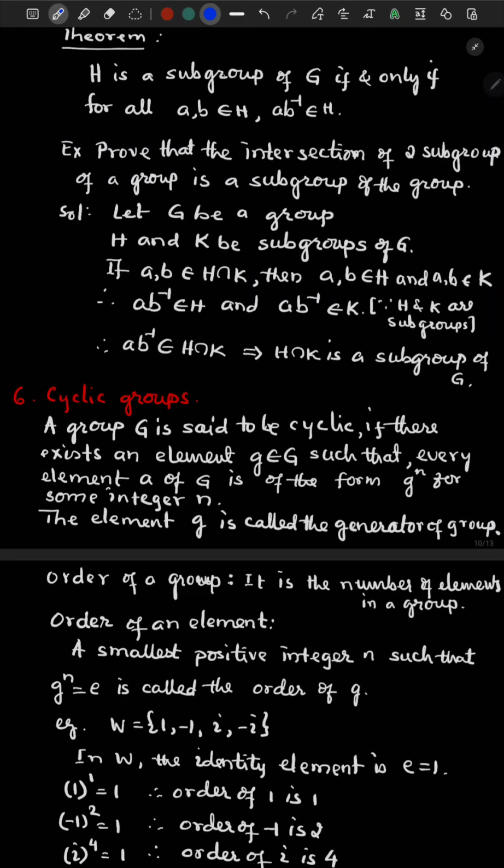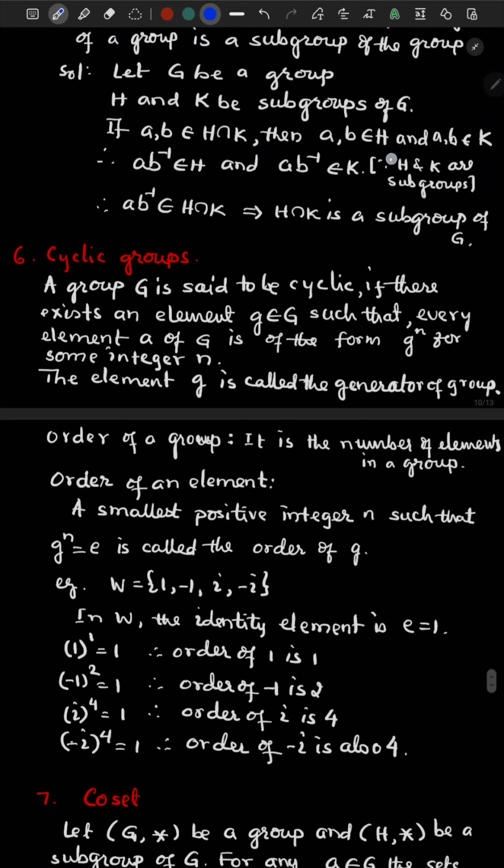So by the above theorem, a b inverse belongs to H as well as to K. So this element a b inverse belongs to both H and K, which means a b inverse belongs to their intersection, H intersection K. So from the above theorem, H intersection K is a subgroup of G because a b inverse belongs there.